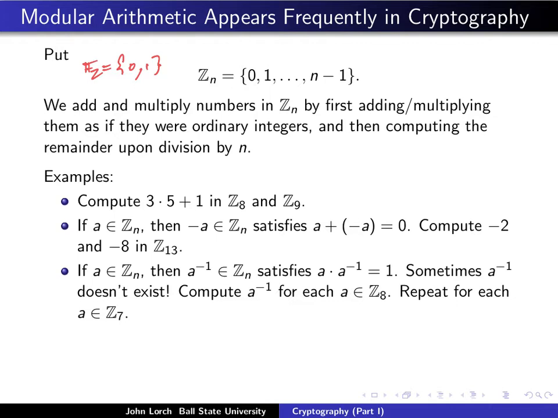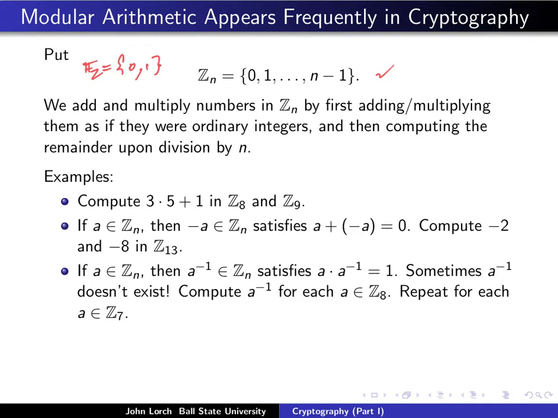So we can extend that idea to an arithmetic on this set that we call Z sub n. For Z sub n, we first start with a value of n. Z sub n consists of the numbers 0, 1, up through n minus 1.